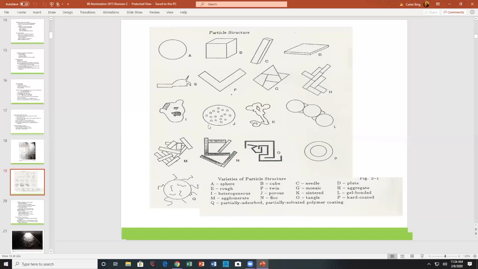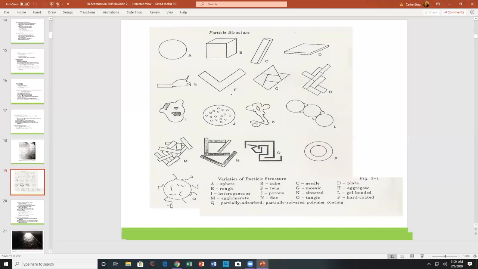Okay. And you have porous, and then you have an aggregate or agglomerate, and then you have layered jawbreaker candies like that. And you have, what is this thing? A partially absorbed, partially activated polymer coating. You do this when you're, say, doing flocculation.